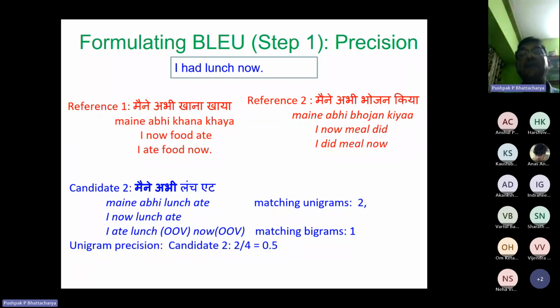We have to get the unigram precision, bigram precision, trigram, and quadrigram precision. Typically, we stop at n equal to 4 and then compute an average of these precisions. Which average? It is not the arithmetic average. We know that the arithmetic average gives me a wrong impression if one of the values is large.